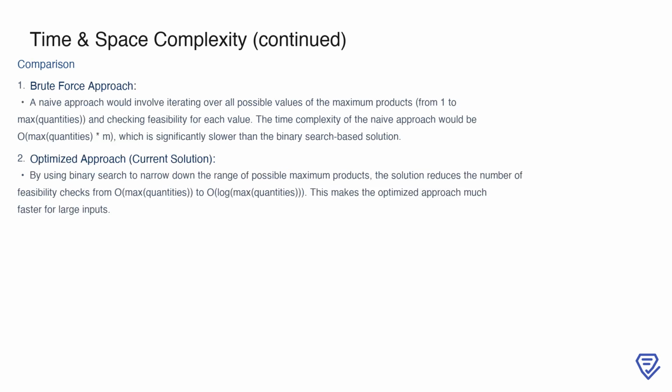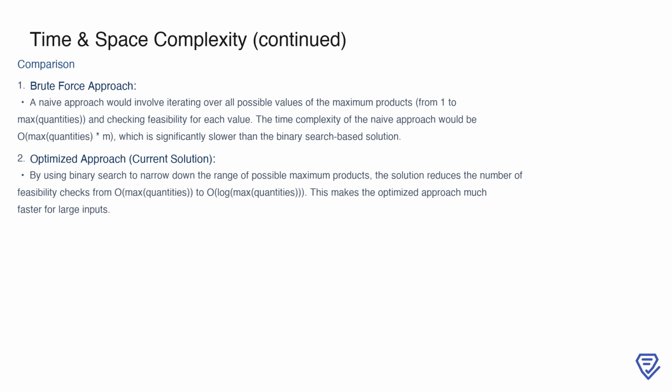To better understand the efficiency of this approach, let's compare it with a brute force solution. A naive method would involve iterating over all possible values for the maximum number of products a store can receive, starting from 1 up to max quantities. For each possible value, we would check whether it's feasible to distribute the products, leading to a time complexity of O(max quantities * M).